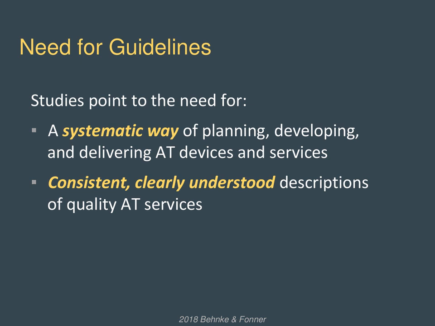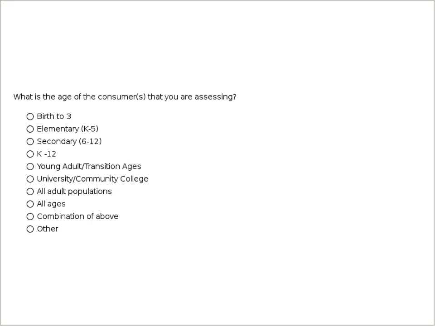We hopefully learn from our mistakes, and that we don't just go by an expert model, that we use collaborative ways to come to decisions, that we use consistently and clearly understood descriptions of what quality assistive technology services are. And we're going to talk a little bit about some of the resources that are available to you in regards to the need for guidelines around feature matching.